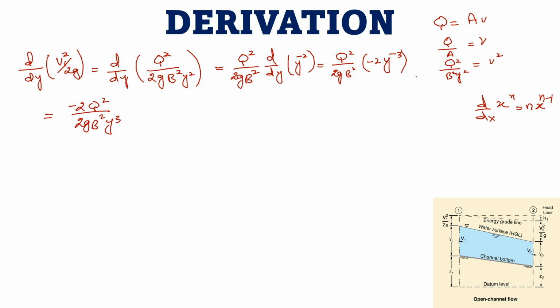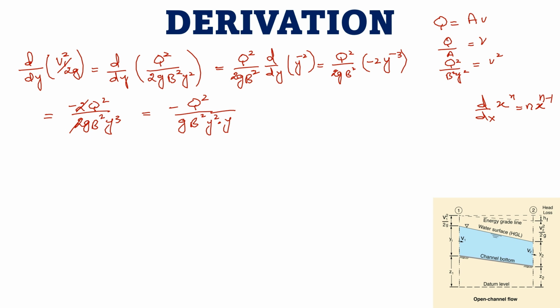It's y to the power minus 3, and now it's y cube. 2 will be cancelled with the 2. It will be minus Q square over gB square y square into y. I'm just making parts of this y cube. It will be y square and y, so it is automatically y.